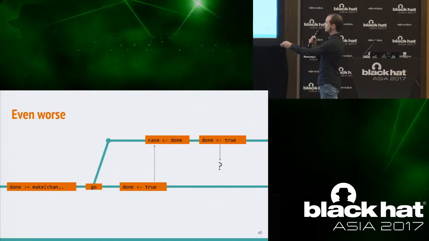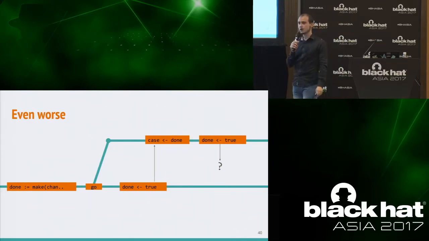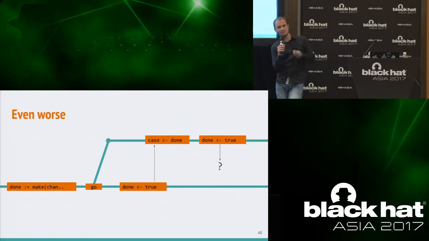In this example, new channel created, Go routine, please die. It reads from the done channel, then it tries to write to it, but no one is listening, so it blocked. A Go routine is a very small thing.